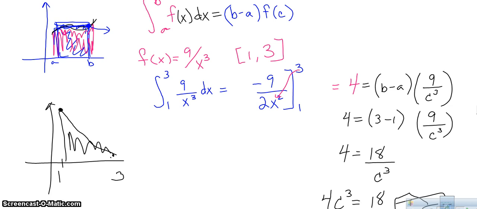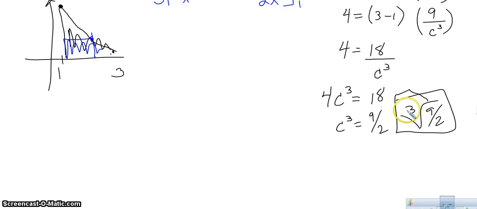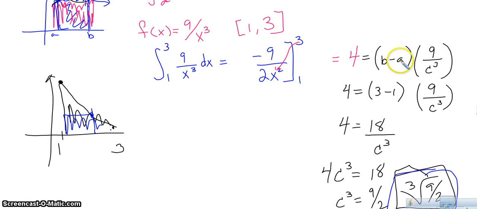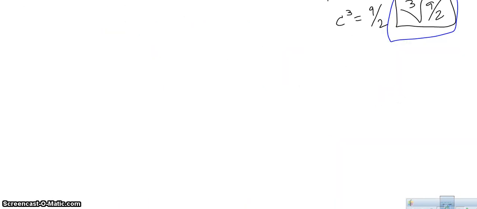The mean value theorem says then that at about 2.1, we'll say, is the rectangle right here that represents the same amount of area. And really what your job will be is to find this c value. So you have to integrate and then set it equal to b minus a times the function evaluated at c, and solve for c.